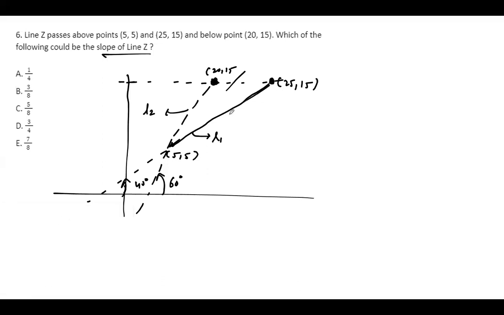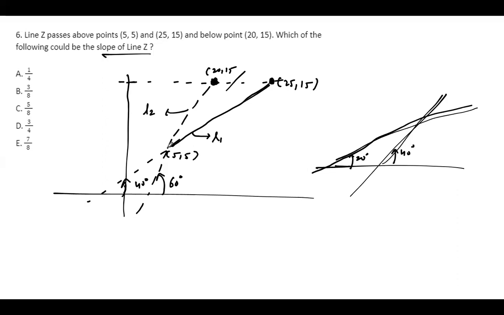Okay, let's say this line has an angle of 40 degrees. If there is a line making an angle of 20 degrees, the slope of the line would be something like this. That means it is crossing, right? I want a line that is passing above these 2 points, so the slope has to be greater than 40 degrees. But the slope shouldn't be so much that the line is not below this point.